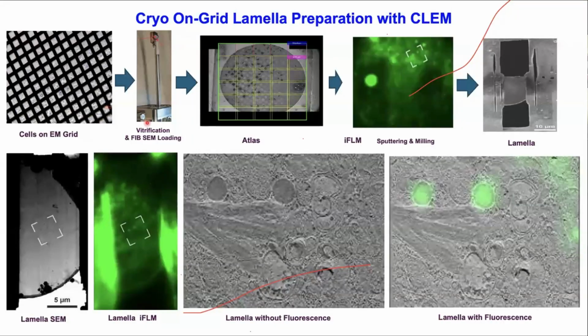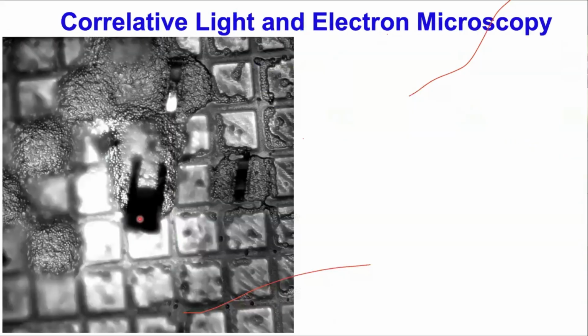Now you can see how to do cryo on-grid lamella preparation with CLEM, with cells on an EM grid. Again, the same procedure. Here you use IFLM to localize your particular area of interest where you can generate the lamella. And see here, these are all visible in our lamella conditions. The same samples show how to do correlative light and electron microscopy.